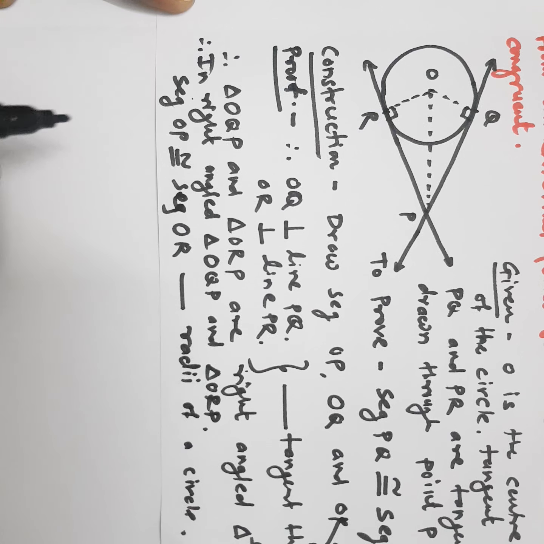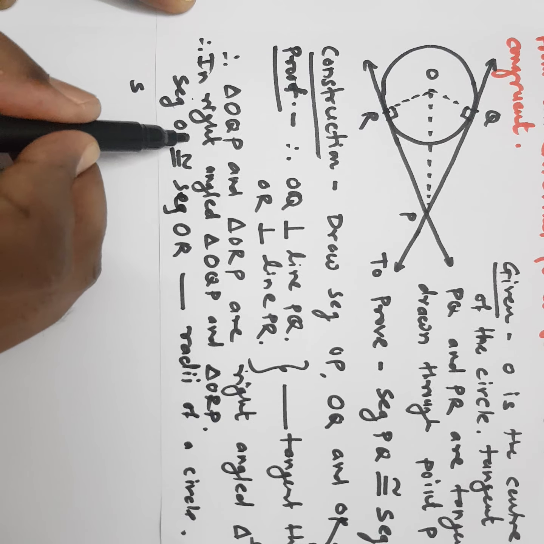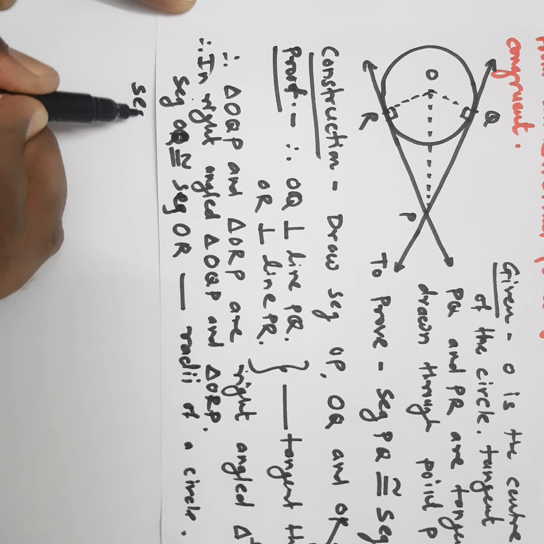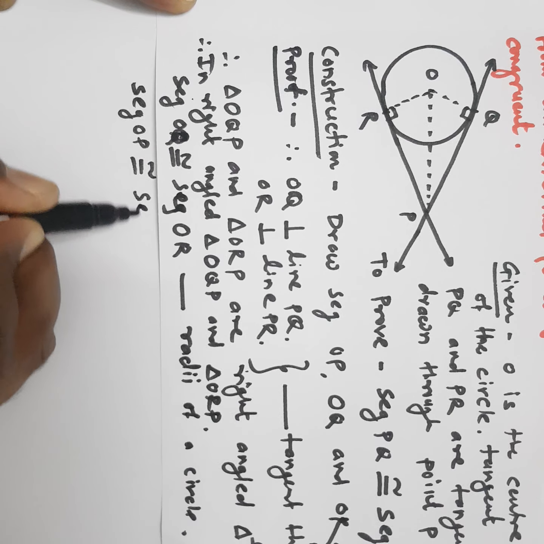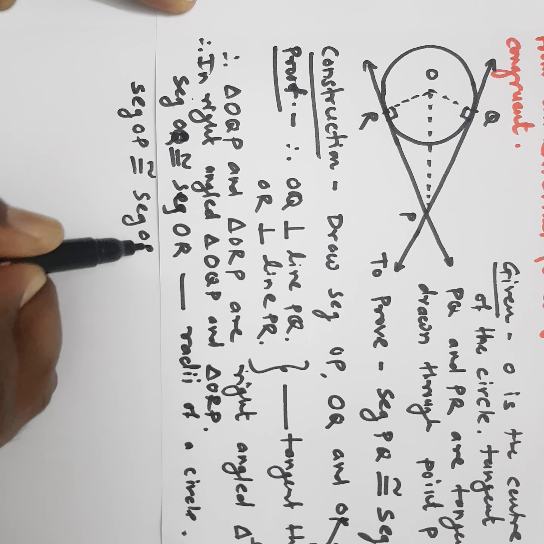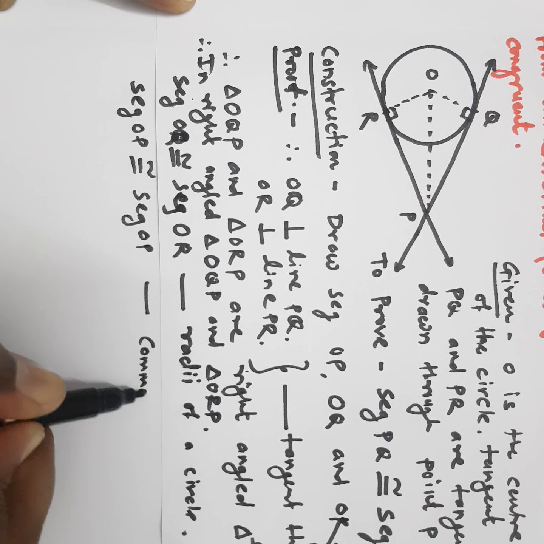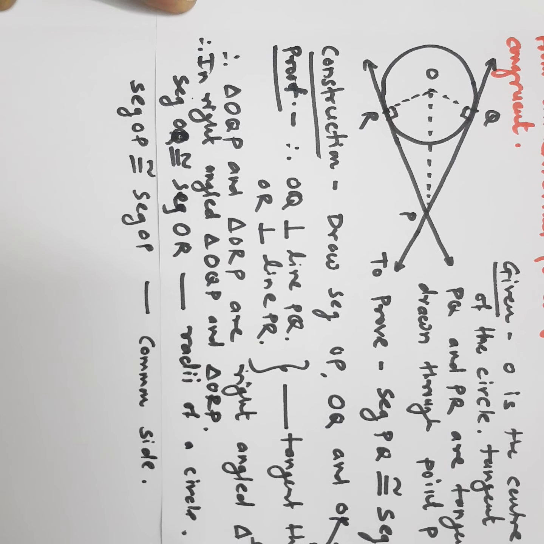Also, seg OP is congruent to seg OP, the common side, and seg OP is the common hypotenuse of these two triangles.